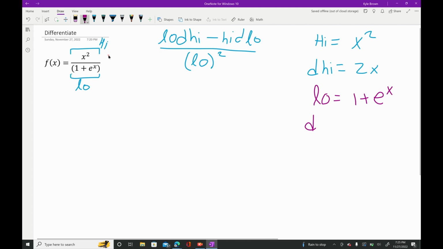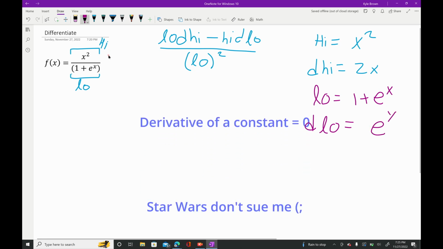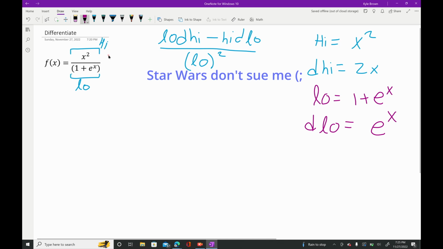And then we're going to have our derivative of low, which equals e to the x. The reason why it is that is because the derivative of a constant is 0. This is a constant. And then e to the x, the derivative of that is e to the x.